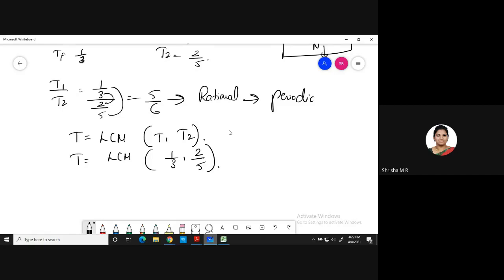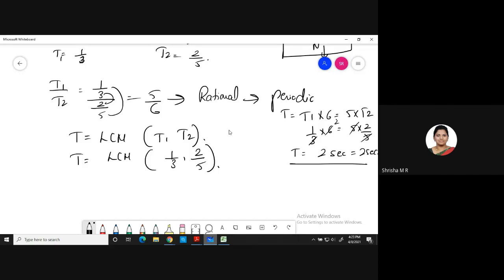Or you can use this method also: T1 into 6 is equal to 5 into T2. That is your fundamental period. So 1 by 3 into 6 is equal to 5 into 2 by 5. So you get 2. T is equal to 2 seconds.